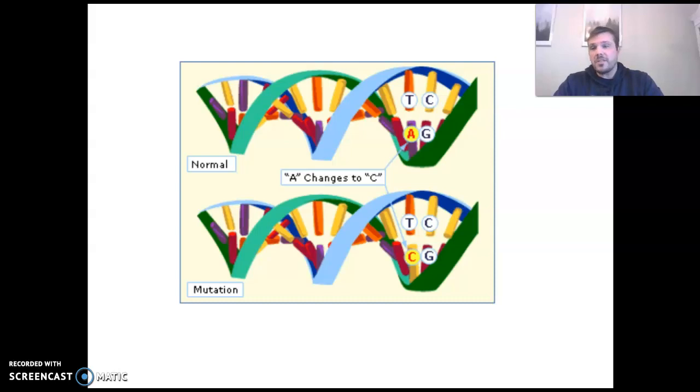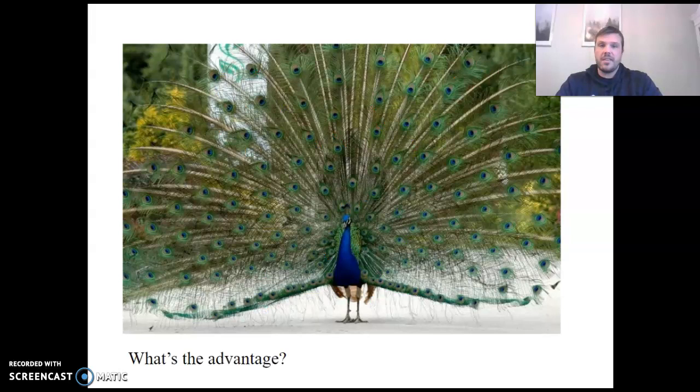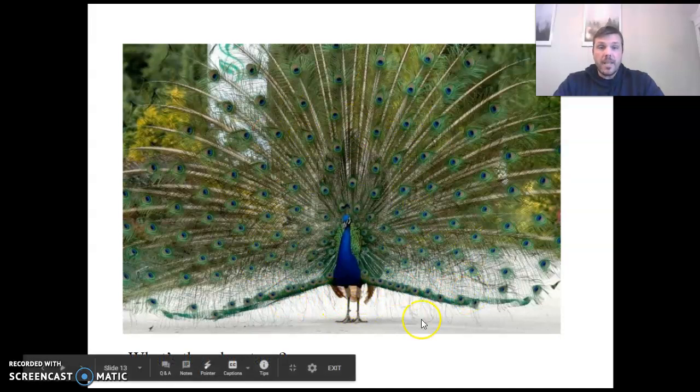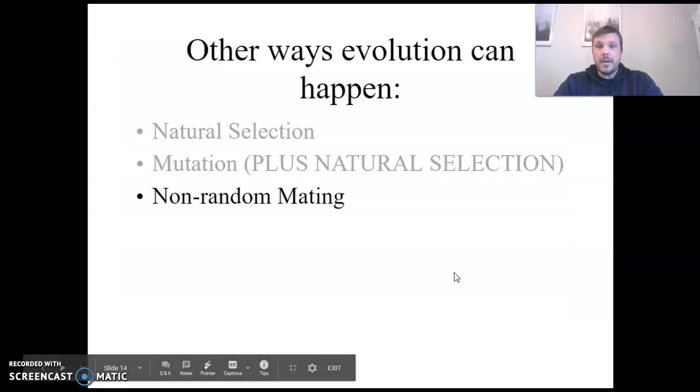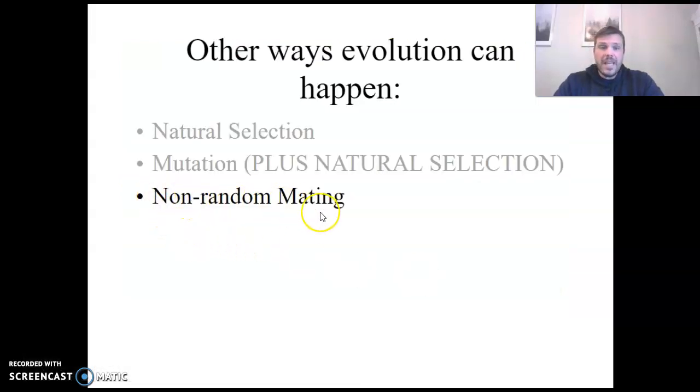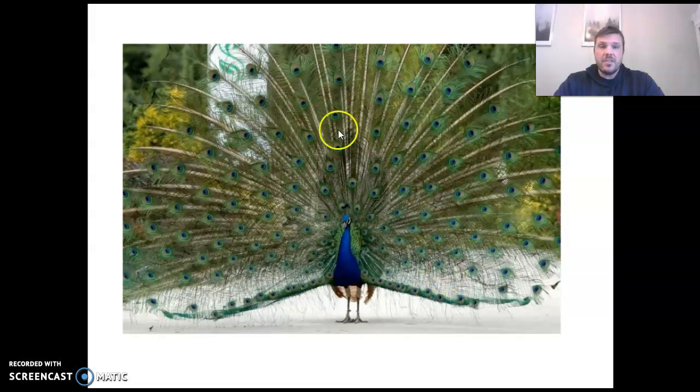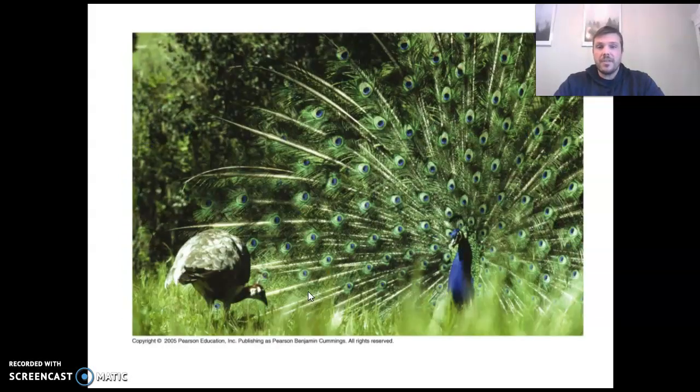So let's move on to our next sort of way that evolution can happen. And I want you to look at this beautiful bird. It's a peacock. Well, what's the advantage of this huge, showy tail? Well, if I am a male peacock, and I'm trying to run away from a predator, you can imagine that this is not going to help it. This is going to be a liability. However, when it comes to mating, this is not a hindrance because it turns out that peahens really like peacocks with giant showy tails.